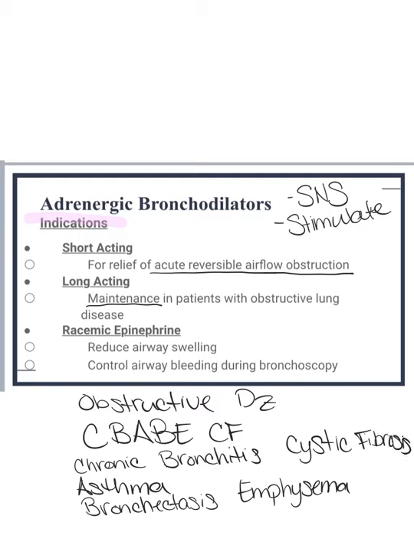Okay, so those are our obstructive diseases and for long acting.